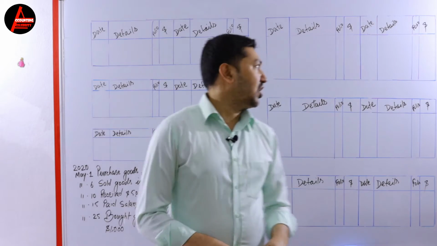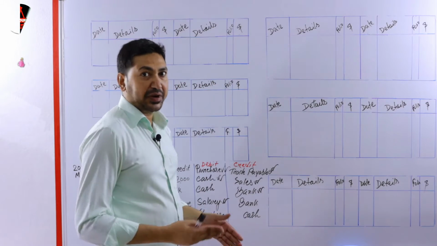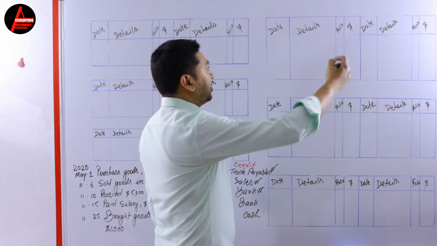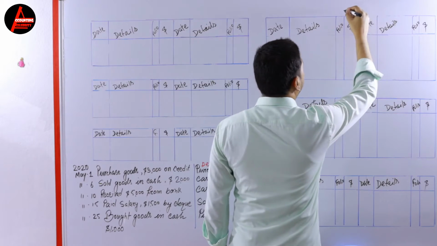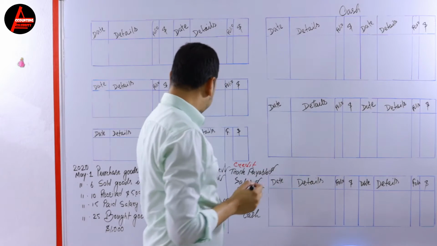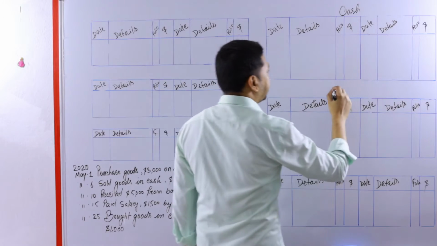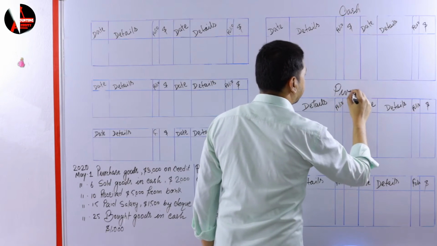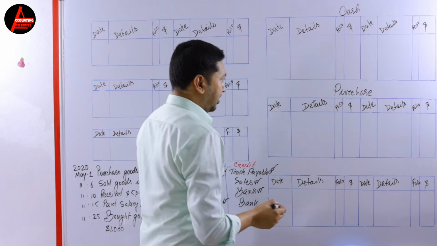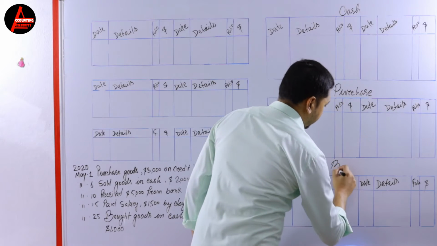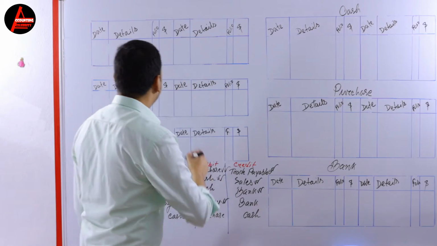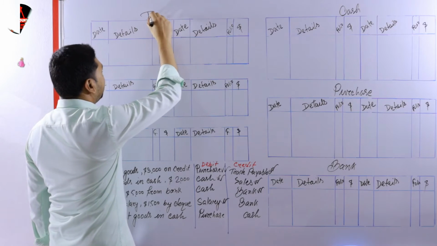There is no particular order. Whatever you want, you can do first, you can do last. So let us do cash first of all. Then we can do purchase, we can do bank, we can do trade payables.